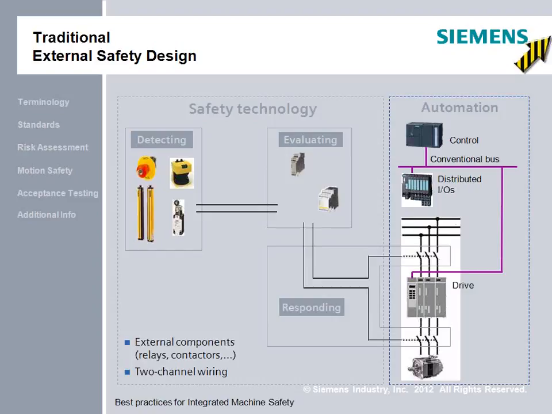Similar situation, we have two three-phase contacts, in this case paired with a non-safety rated drive system, with the non-safety rated standard automation controlling the drive. This is a traditional system. It gives us the capability to respond to the emergency stop and open the contactors in the drive circuit.